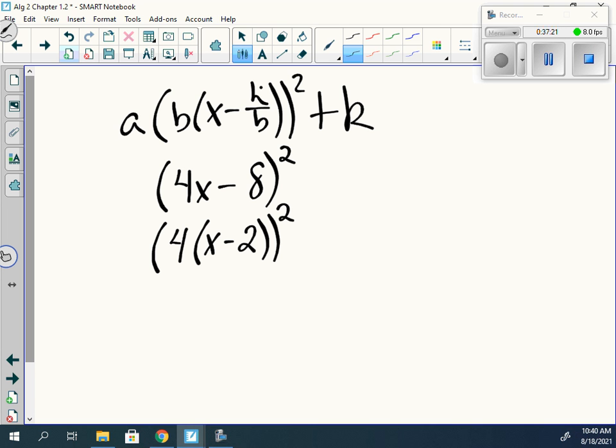And we have to put it 1 over. So if it was 1/4, it's a horizontal shrink by a factor of not 1/4, but a factor of 4.